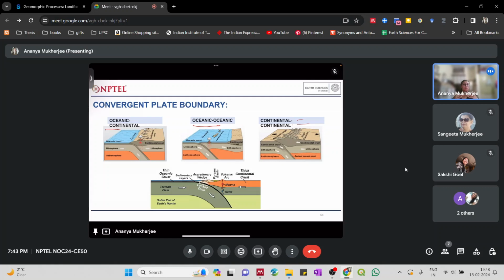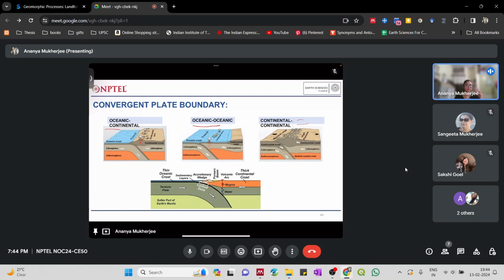None of them will subduct below the other. Some material will go, but most of the continental crust is not going to subduct, and due to that the continental material will rise upwards and create the mountains. This is what happens in a continental to continental collision.